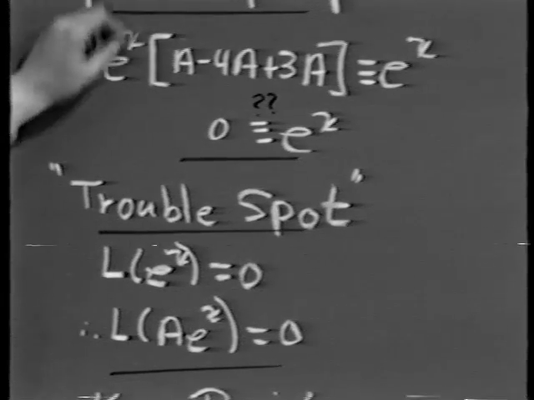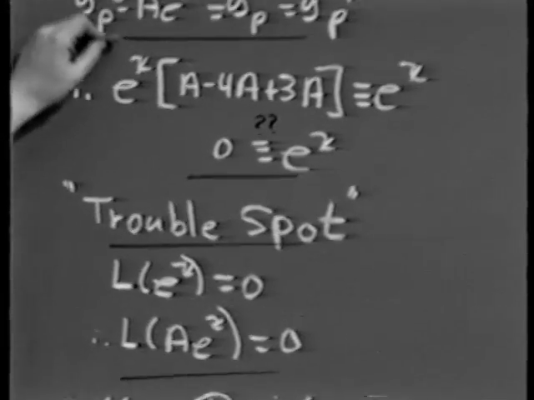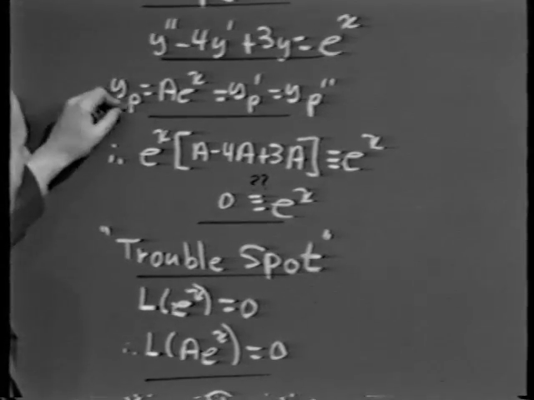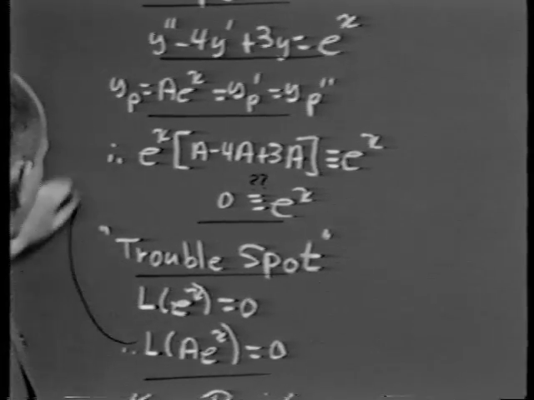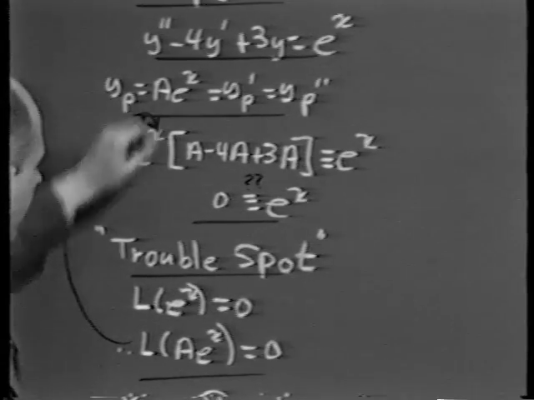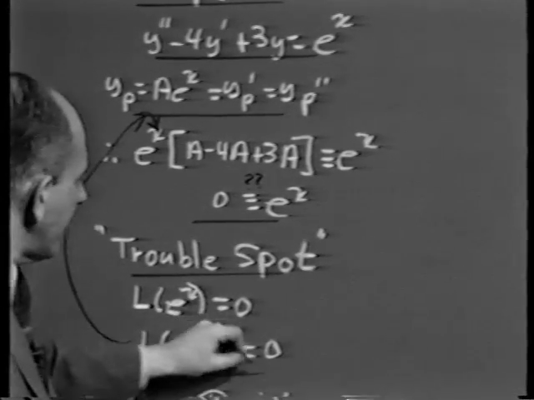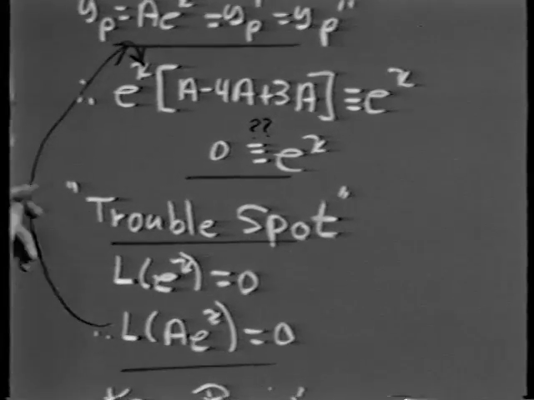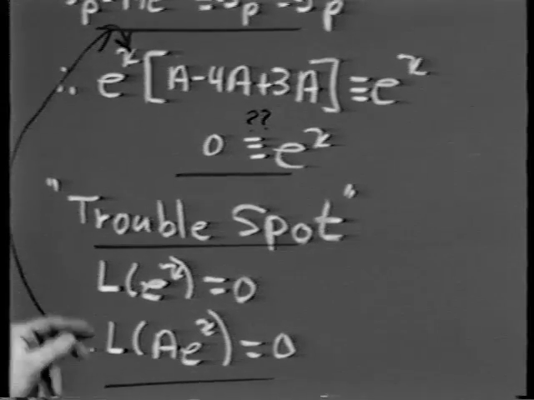What were we really doing when we replaced y sub p by a e to the x? We were computing L of a e to the x. That's what we did in here when we computed this. We were computing L of a e to the x, and we should have known that that was going to be 0. We must be very, very careful, in other words. This is the key point.